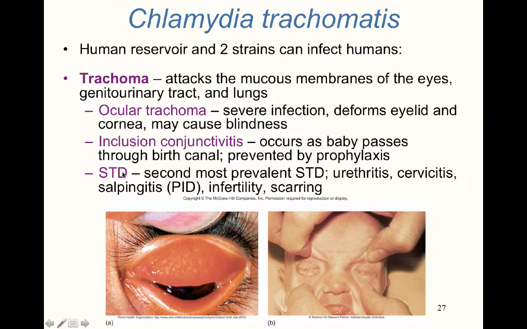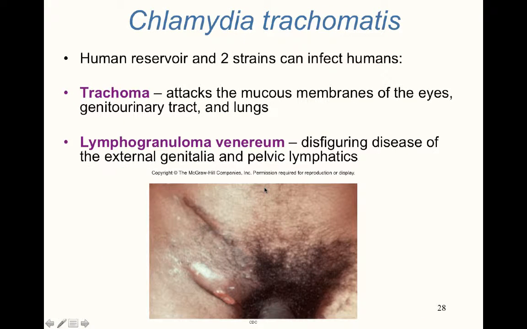And then also, Chlamydia trachomatis is the causative agent of the second most prevalent STD, resulting in urethritis, cervicitis, if there's co-infection with gonorrhea, pelvic inflammatory disease, and possibly infertility and scarring.